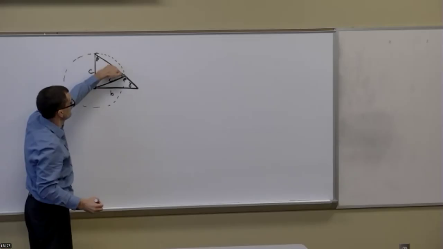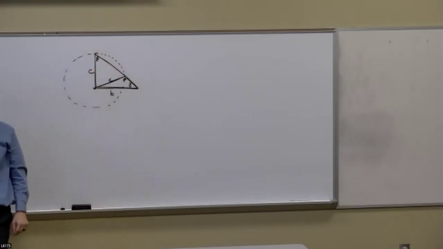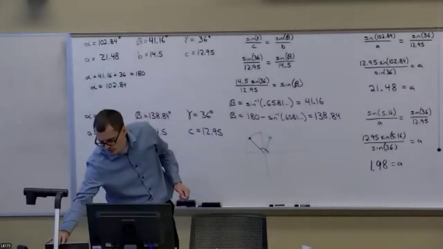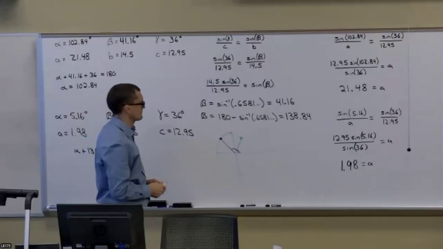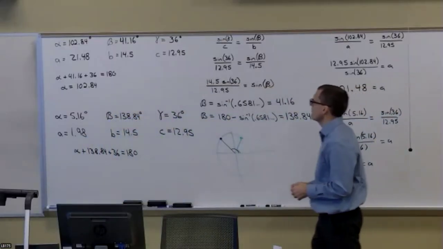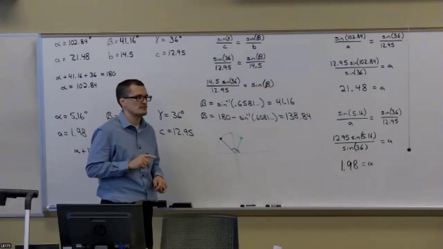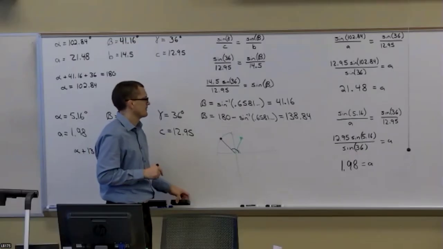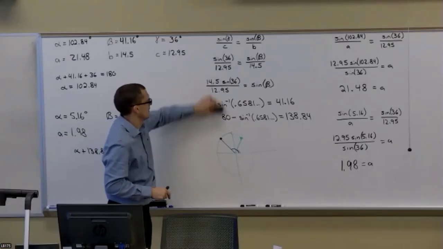There are two points where we intersect that side, and so we get two triangles with that given length. So we do have scenarios which give us two triangles. Most of the ones that I'm going to give you probably are going to have one option for the triangle, and it'll be the acute version of whatever we find.